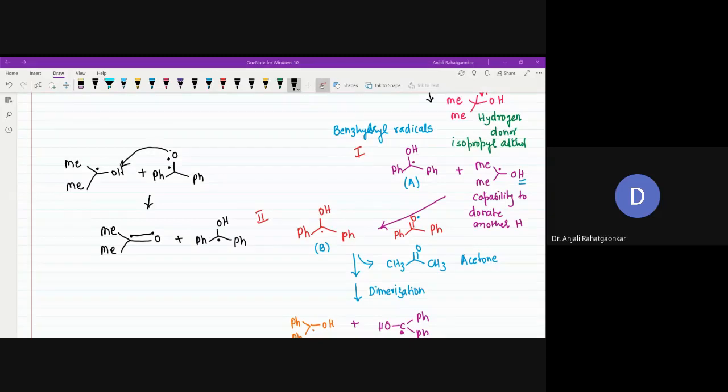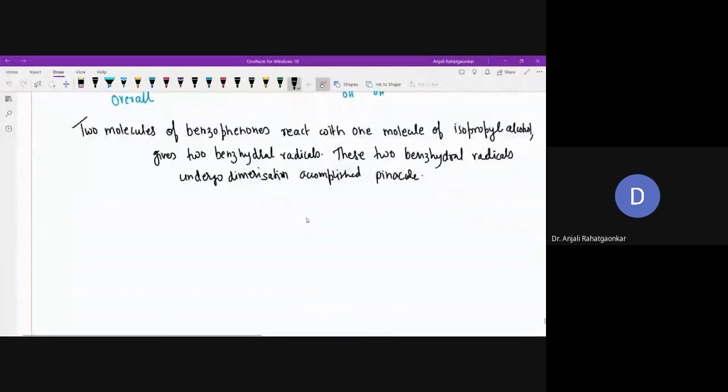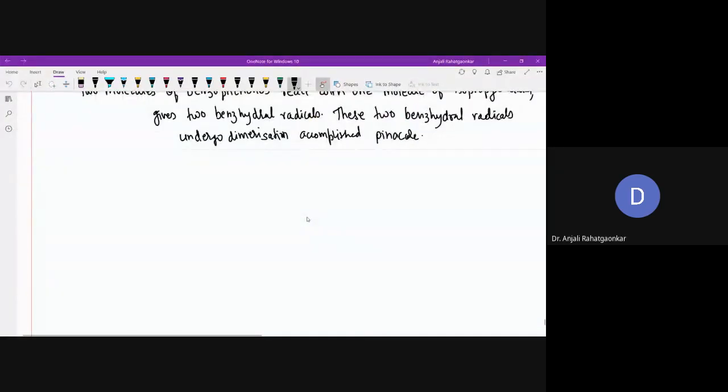So next, this is a general mechanism we have seen, which is now I always explain you the substituted and the symmetrical, unsymmetrical, because the chemistry revolves around the symmetry of the molecule.